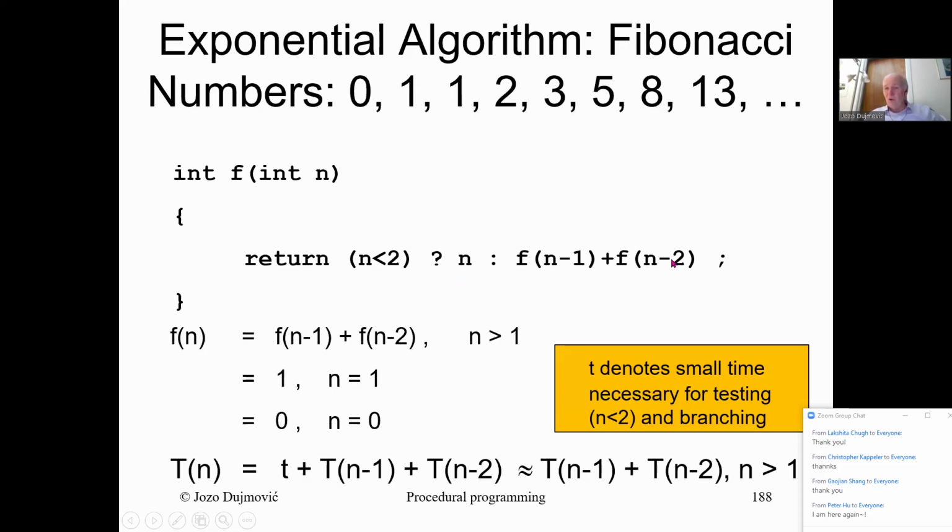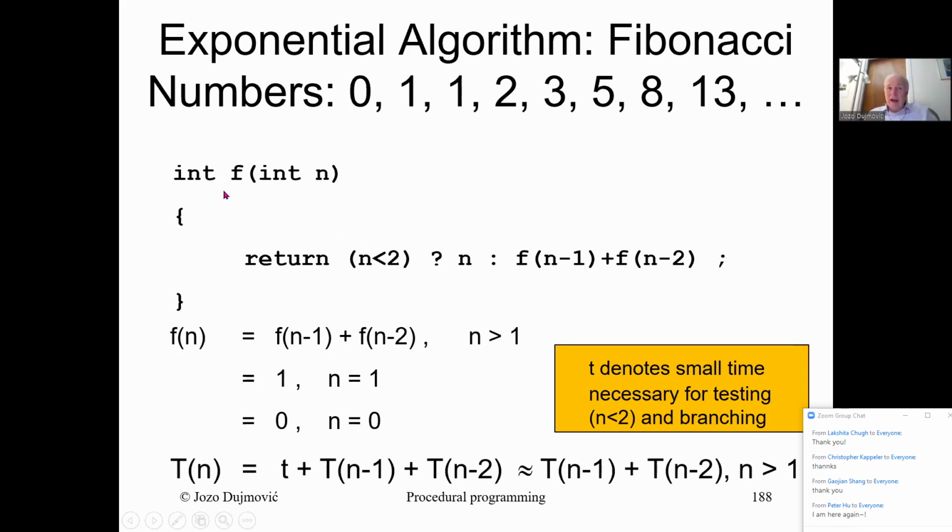Of course, when you compute f of n minus 1, you also repeat f of n minus 2. So this f of n minus 2 is going to be repeated twice, and so on and so forth. So you have something like a binary tree, not balanced and not perfect, but it is rather poor.